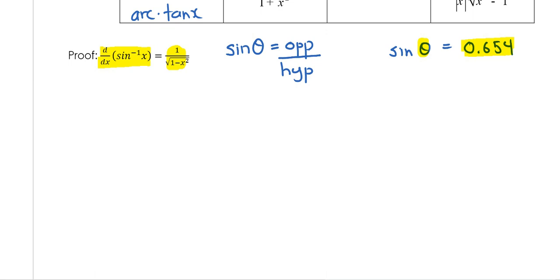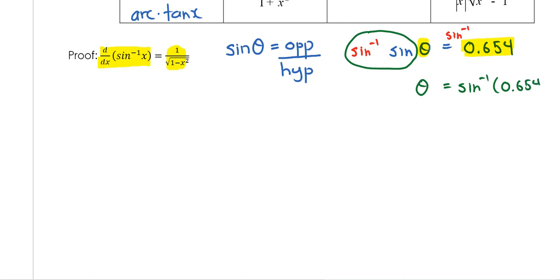When this problem is introduced at the grade 10 level, we generally ask students to go to their calculator and do sine to the power of minus 1. That pretty much undoes the sine, and you'd be given the angle, sine to the power of minus 1 of 0.654.